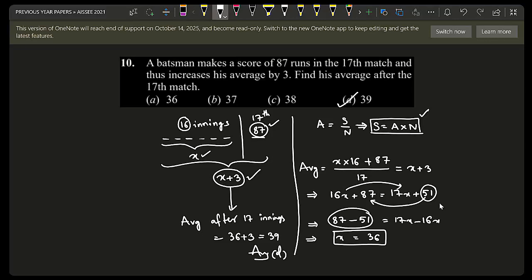Sum formula, what did I say? You should remember the formula, Saurish. Average is equal to sum divided by number.